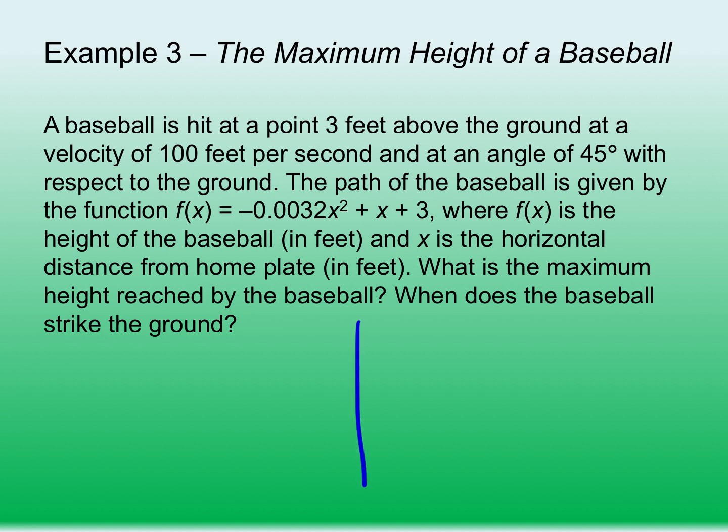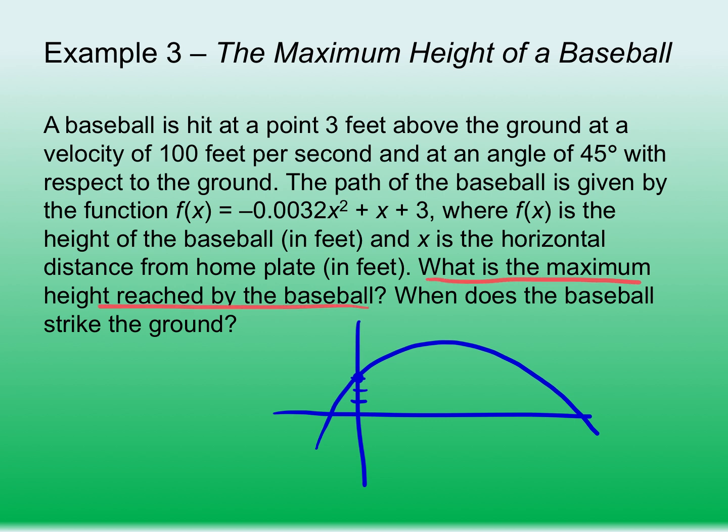So I'm going to draw it kind of. It's hit at a point 3 feet above ground, so we start at 3 feet above ground. And it's going to have that shape of a parabola. We hit a baseball, it goes up in the air, and then it hits the ground. When it says, what is the maximum height reached by the baseball? That's going to be at our vertex, and that would be our k.